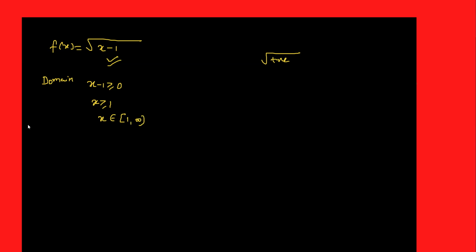And range will be, you will get only positive numbers, right? Because you know the value of root a is always positive.